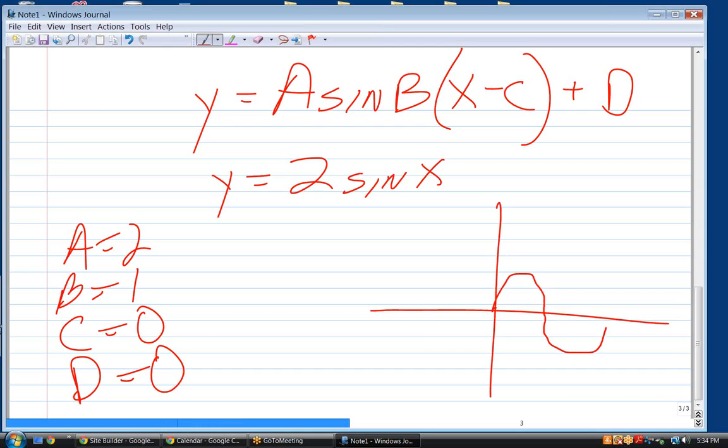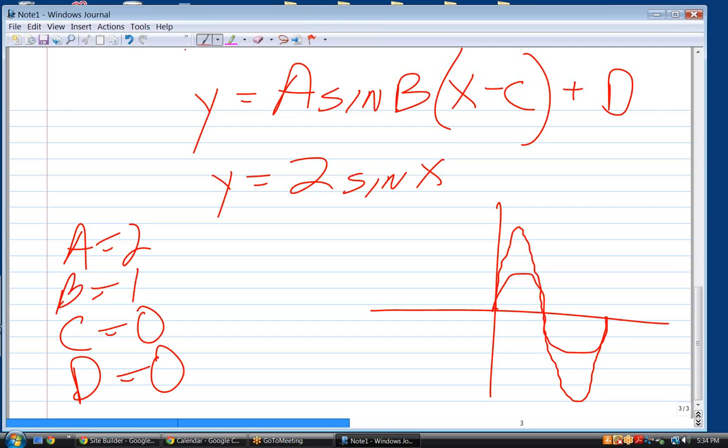Instead of the sine curve like that, it's twice as high, twice as low. Looks like that. So this A acts as a vertical stretch, in the same way that if I said y equals 2x squared, the 2 would act as a vertical stretch of the parabola y equals x squared.